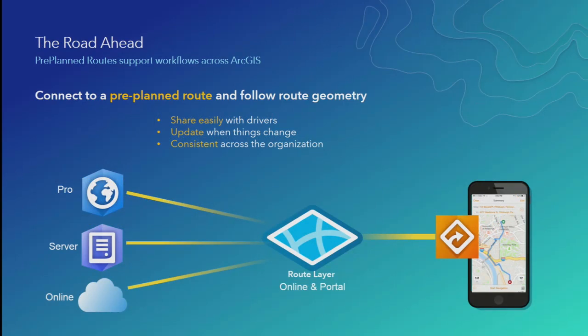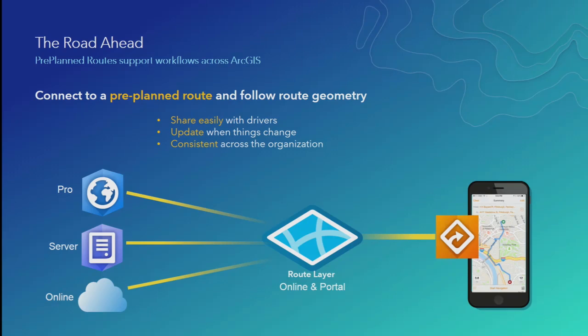The next thing for Navigator, what are we doing next, is this. It's pre-planned routes. So we want to better enable connecting to and leveraging optimization that's done in the back office. So this is what we're going to be working on next, and essentially in Pro, in Network Analyst, in ArcGIS Enterprise, in ArcGIS Online, you have all these tools to create routes, right?